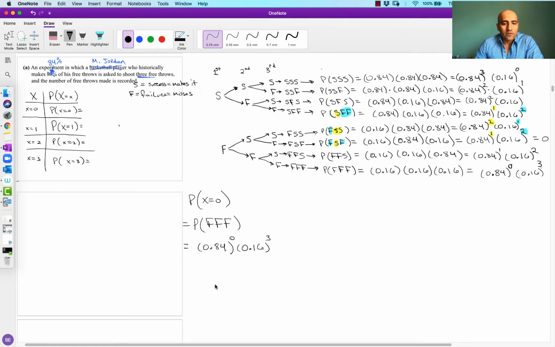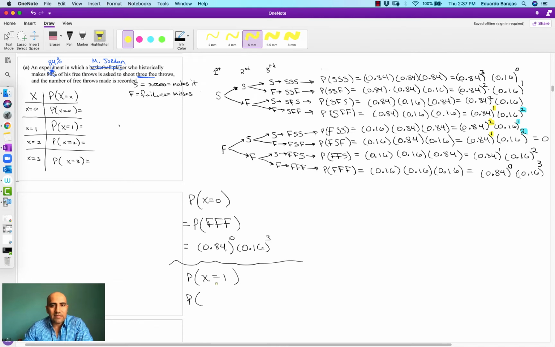Good? Okay, so what's the probability that he makes exactly one of them? Again, order doesn't matter here. So we have to think about all the ways that that can happen. Let's come back over here. The probability he makes exactly one of them: so he makes one, fails two. That's this one.